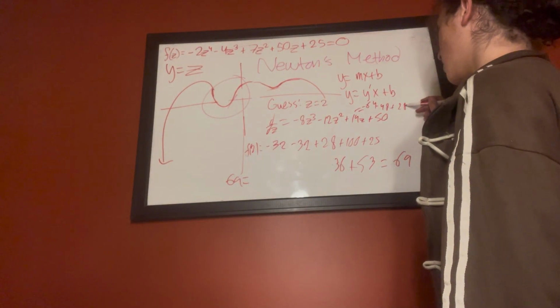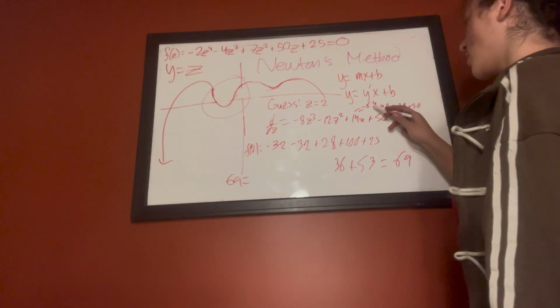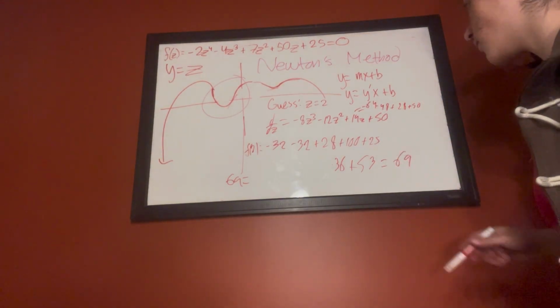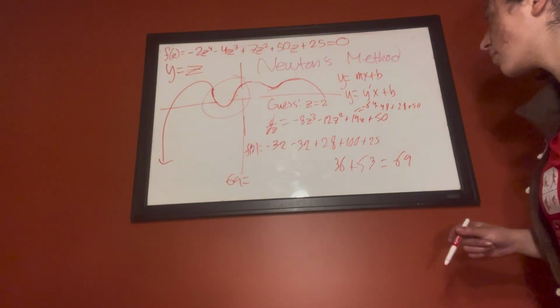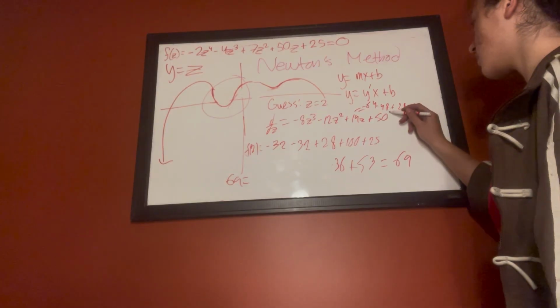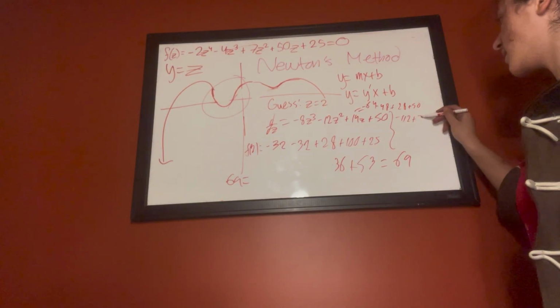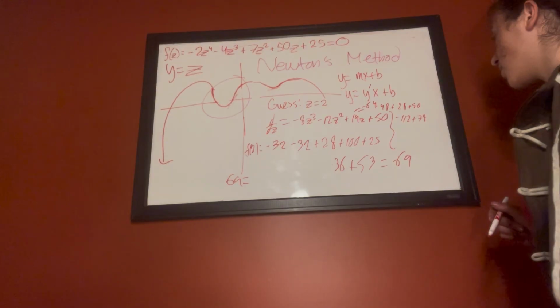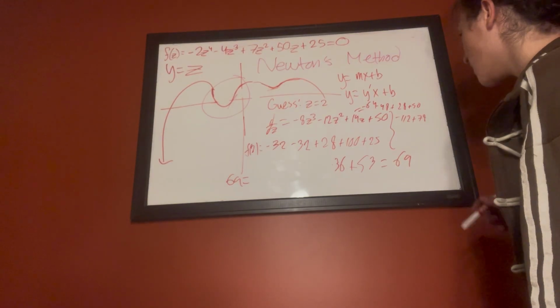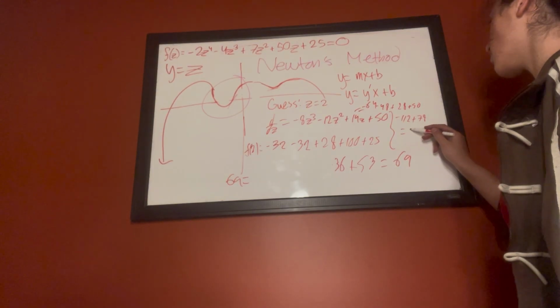Plus 28 plus 50. So minus 64 minus 48, that's minus 112. So 112 plus 78. So what, like 54? Sorry, minus 54?